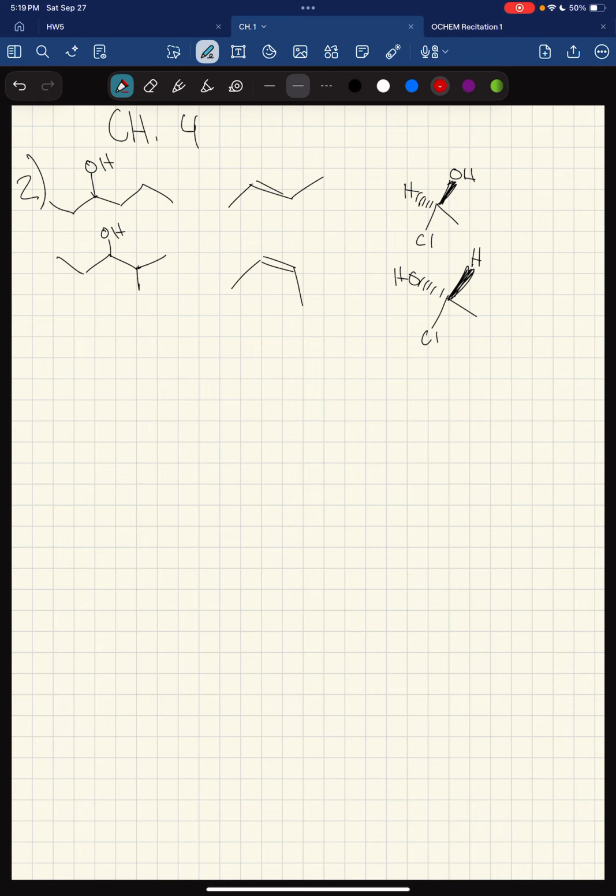All right, 2, draw and identify constitutional isomers, geometric isomers, and stereoisomers. Identify the classification of carbons, primary through quaternary. All right, so constitutional isomers, geometric isomers, and stereoisomers.